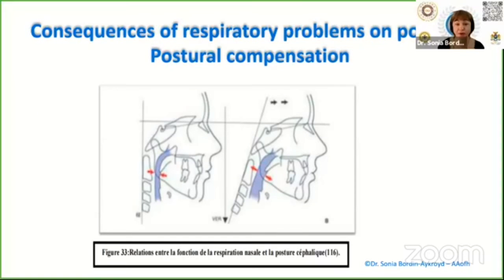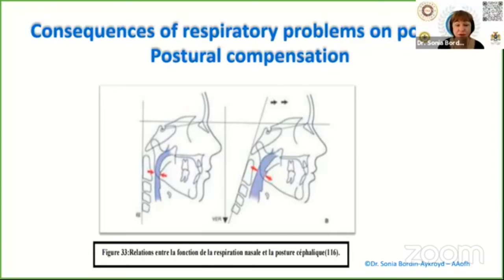Forward head posture is common in patients with obstructive respiratory disorders. This position is adopted in order to facilitate breathing and is common in mouth breathers.